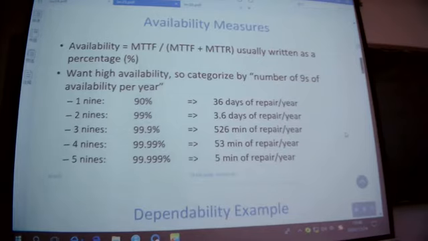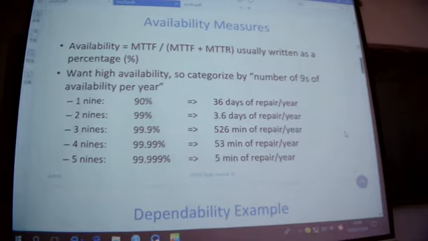Okay, this is another availability measure. Availability equals MTTF divided by MTTF plus MTTR, usually written as a percentage. We want high availability, so it is categorized by the number of nines of availability per year.